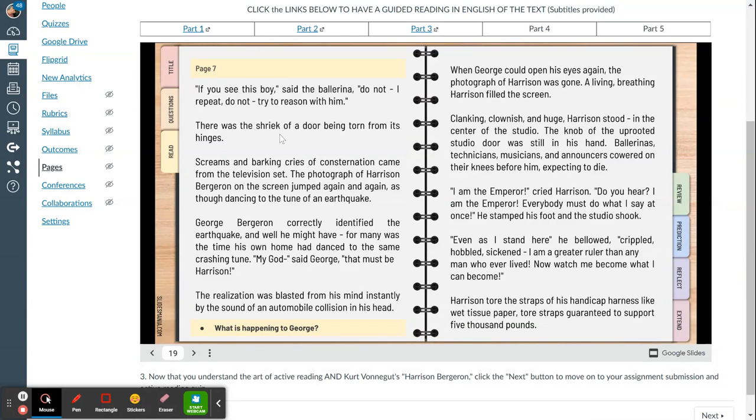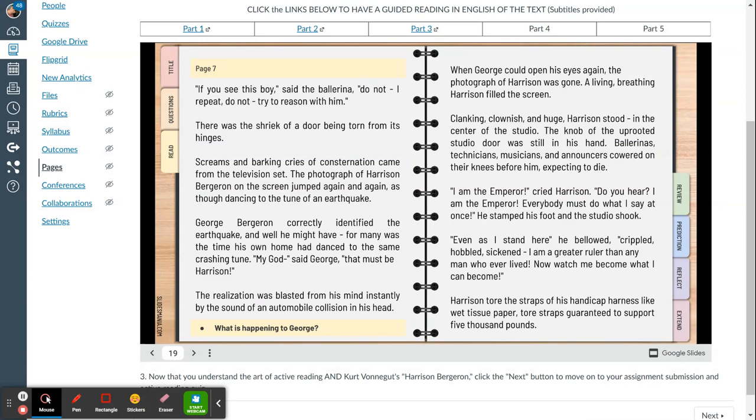Let's continue. "If you see this boy," said the ballerina, "do not, I repeat, do not try to reason with him." There was the shriek of a door being torn from its hinges. Screams and barking cries of consternation came from the television set. The photograph of Harrison Bergeron on the screen jumped again and again as though dancing to the tune of an earthquake.